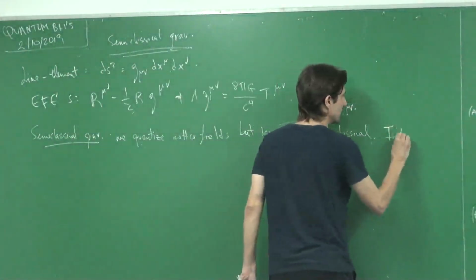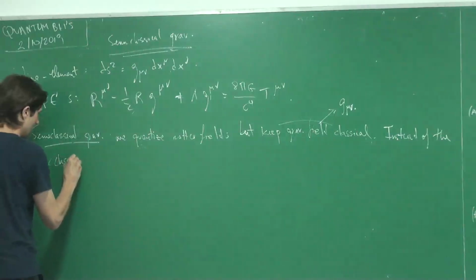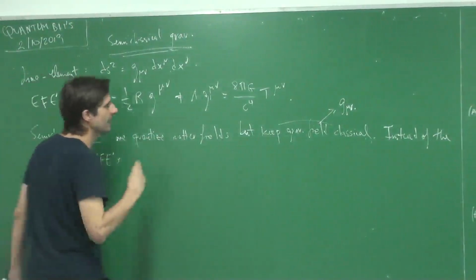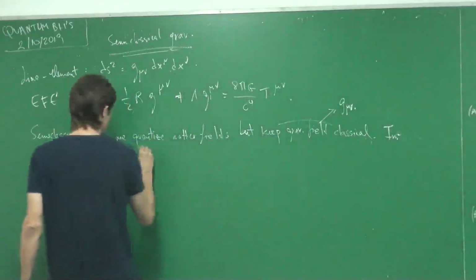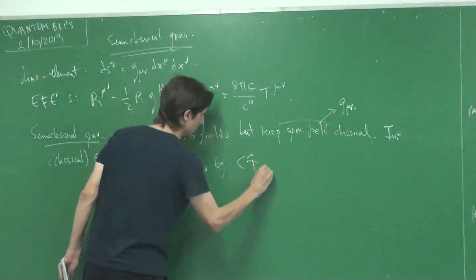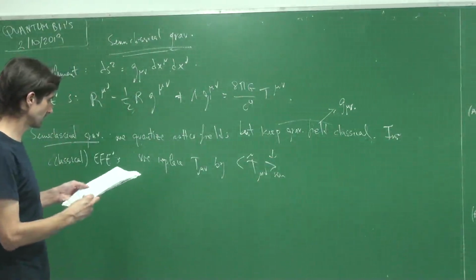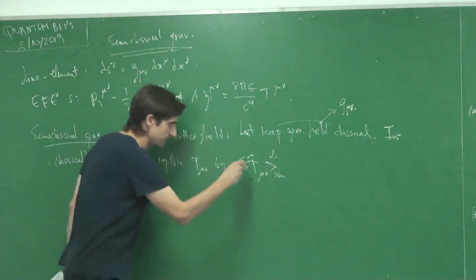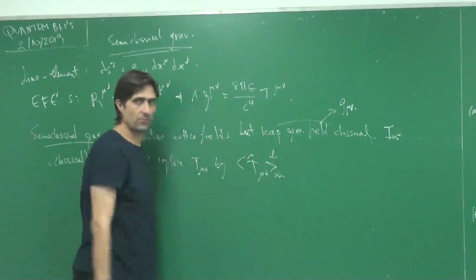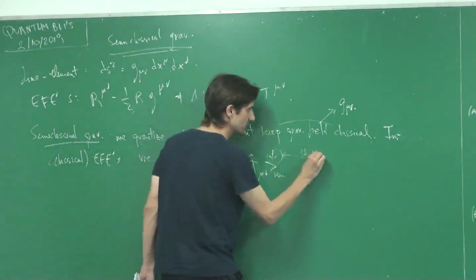Instead of the classical Einstein equations, in the classical Einstein field equations, we replace T_mu_nu by the expectation value of the quantum stress energy tensor, renormalized, where psi is the quantum state of the field.